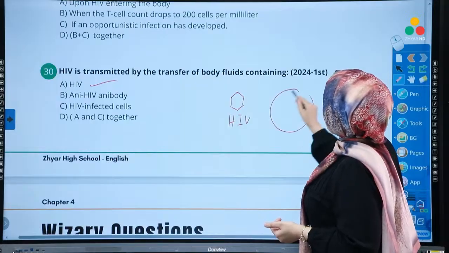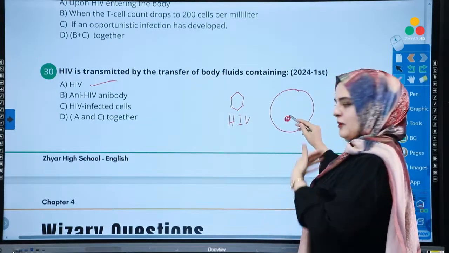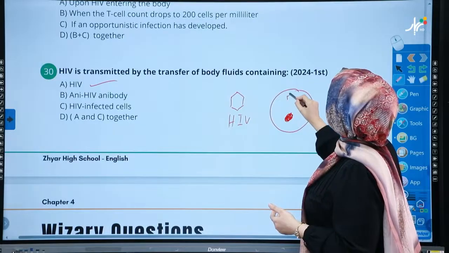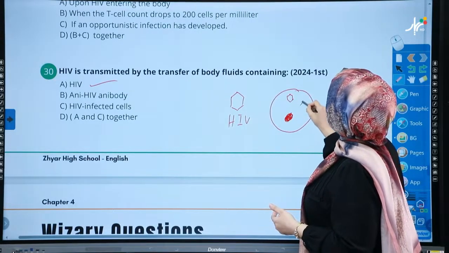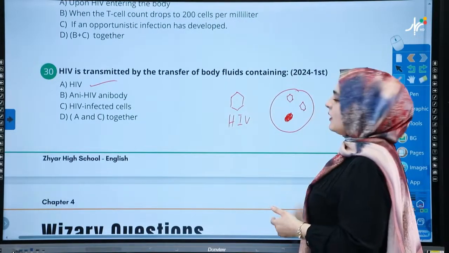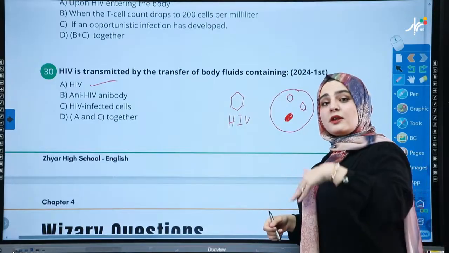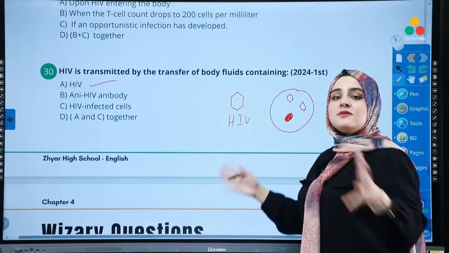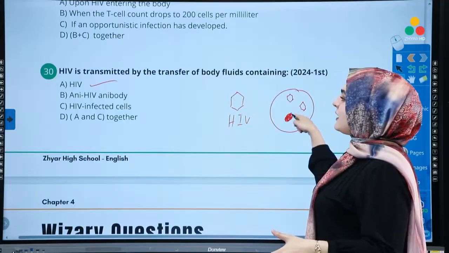If you have a body cell, this is my body cell for example, okay, and it has virus within the cell, that virus is also going to come out when it enters the body of another person and cause infection. So in both cases, yes.